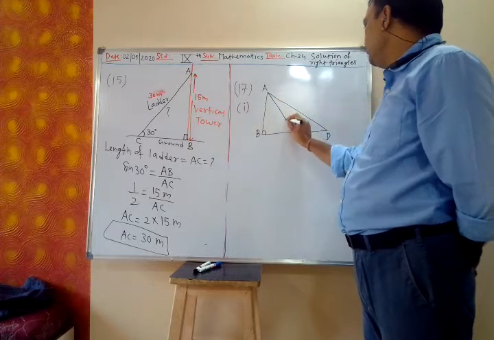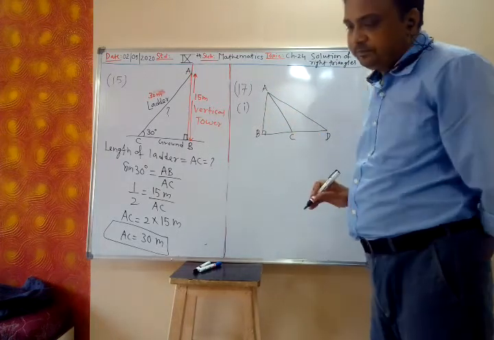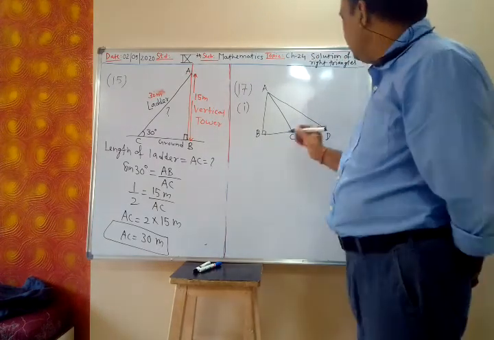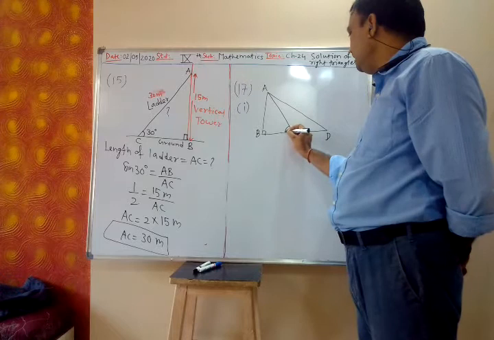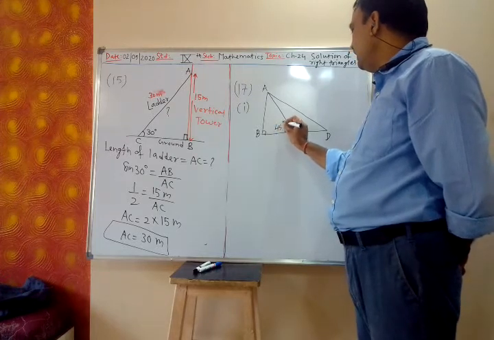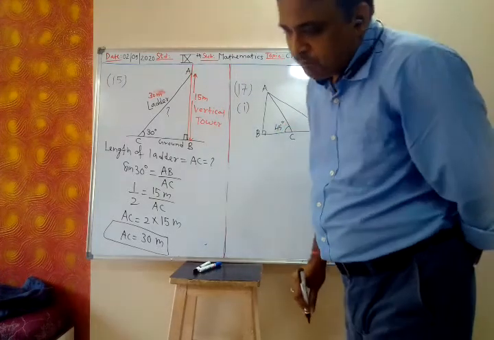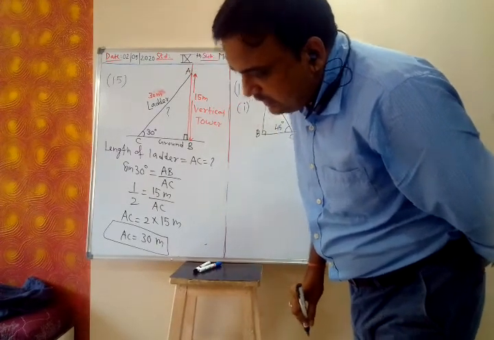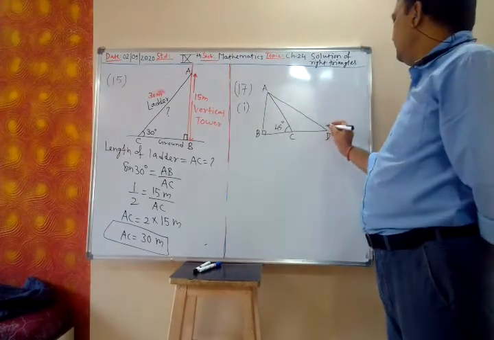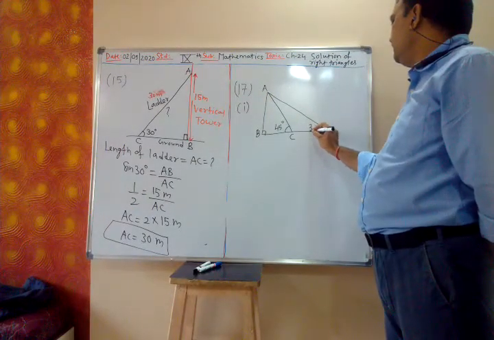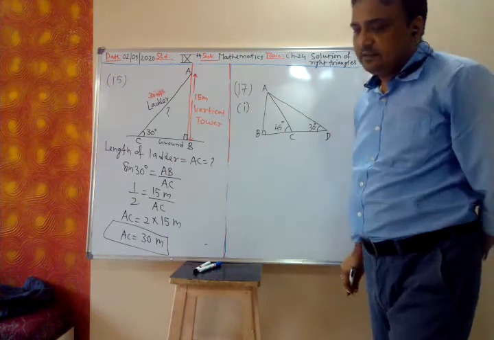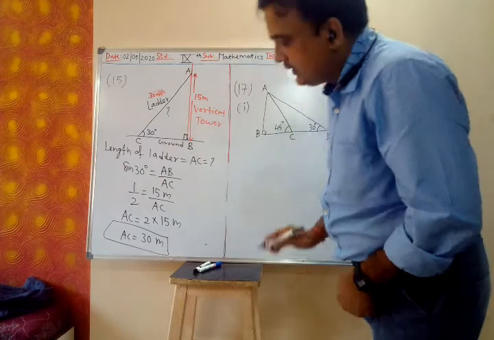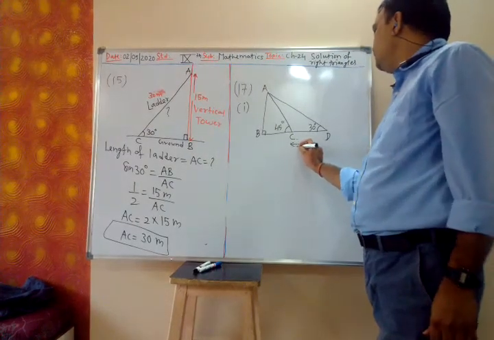The reference angle C for this triangle is 45 degree. And the reference angle D for the bigger triangle is given 30 degree. And then we are given CD as 20 centimeter.